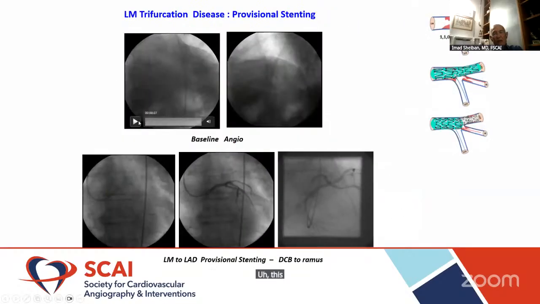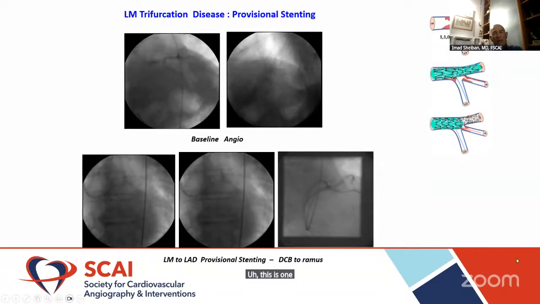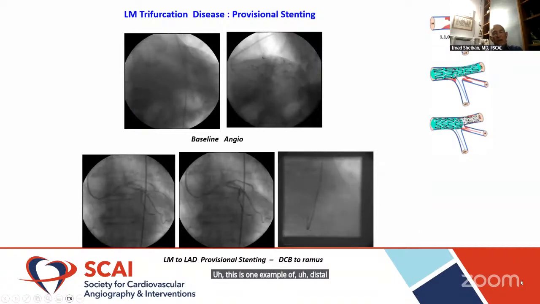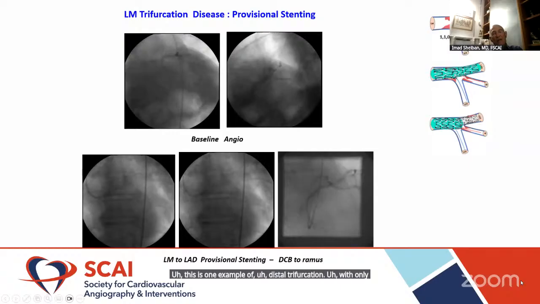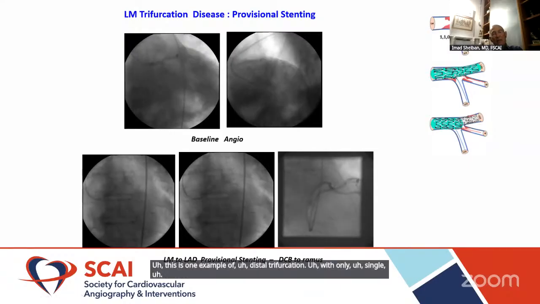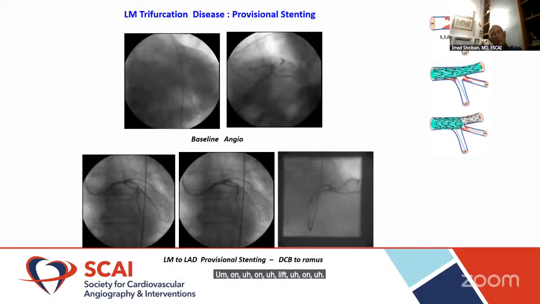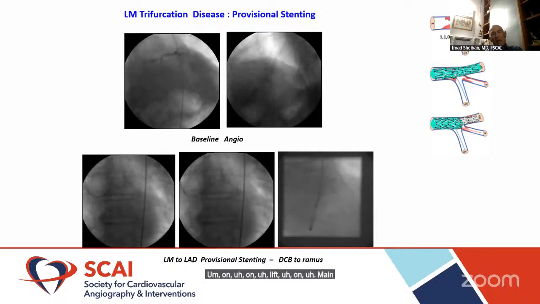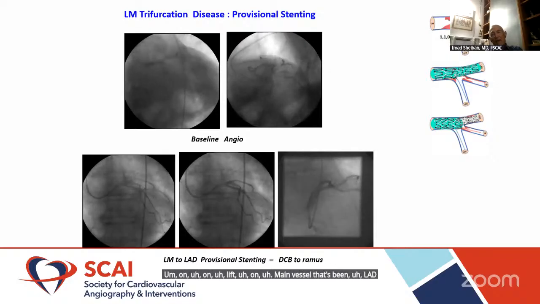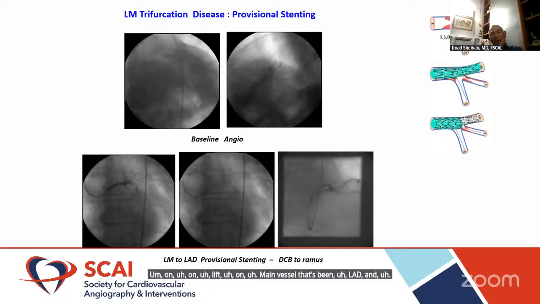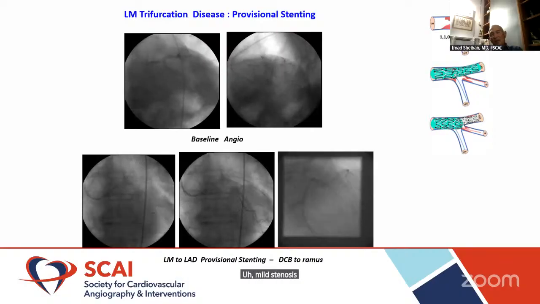This is one example of distal trifurcation with only single branch disease on the main vessel, that means LAD, and mild stenosis on the side branch on ramus.